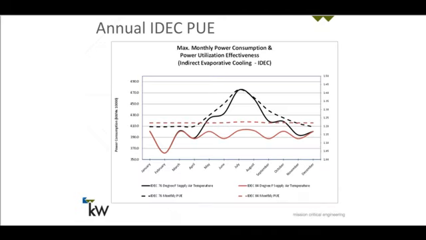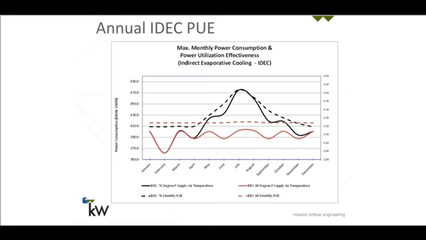And with the IDEC, with 76 degree supply air, you're able to maintain around 1.27, 1.28 PUE.